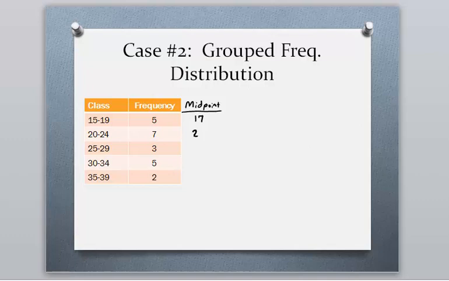All right, and then we can find the other midpoints in a similar fashion. So we have 22, 27, 32, and 37. And so those midpoint values now become our x values.